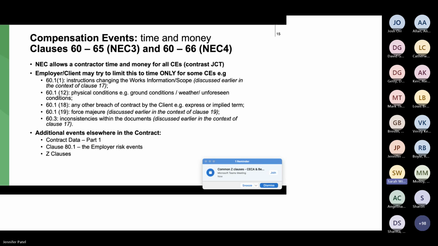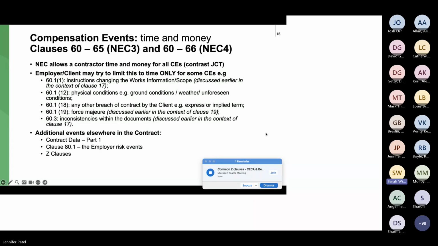So a compensation event incorporates all the elements of JCT: the element that allows you to be paid for changes, stroke variations, the extension of time provisions in JCT, and the loss and expense provisions, which cover the cost of the time.